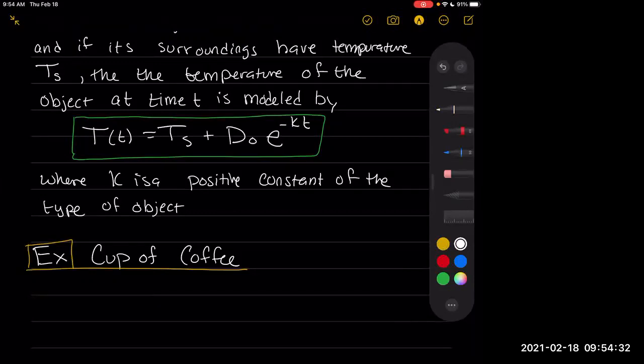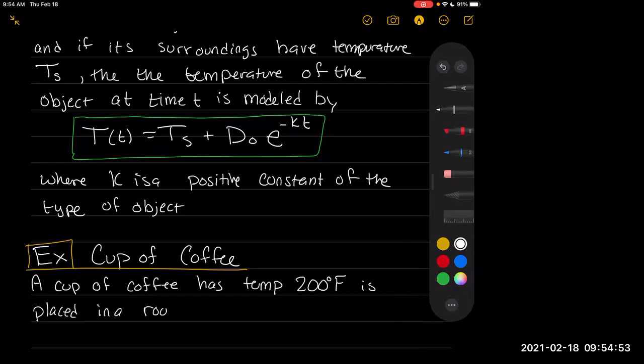A cup of coffee has temperature 200 degrees Fahrenheit, and it is placed in a room with temperature 70 degrees Fahrenheit.